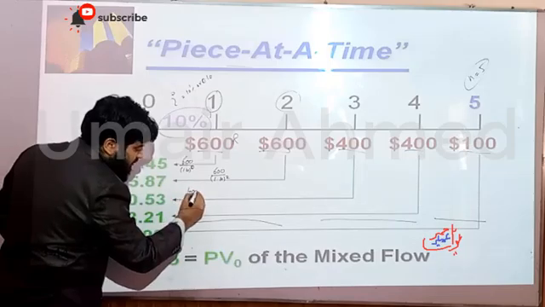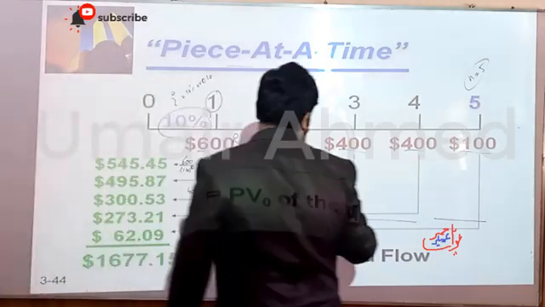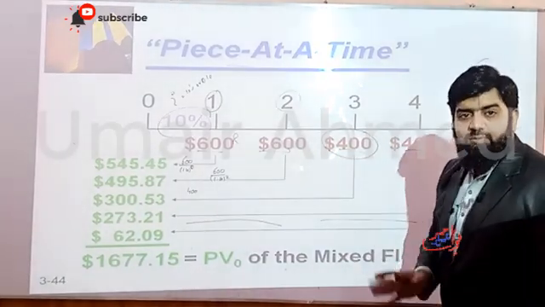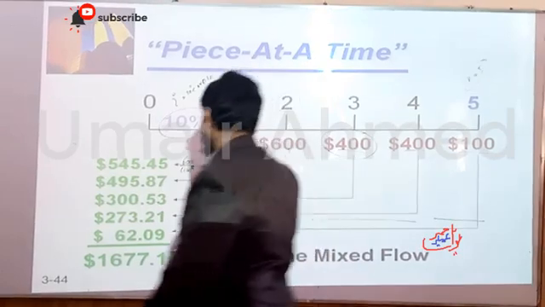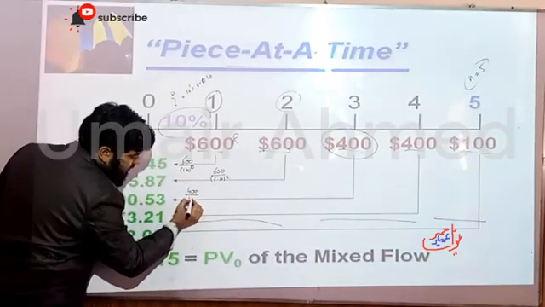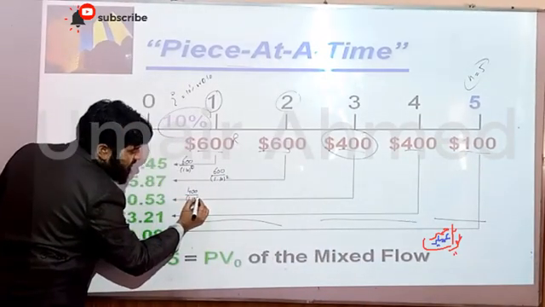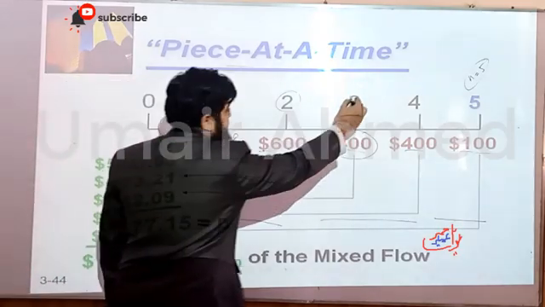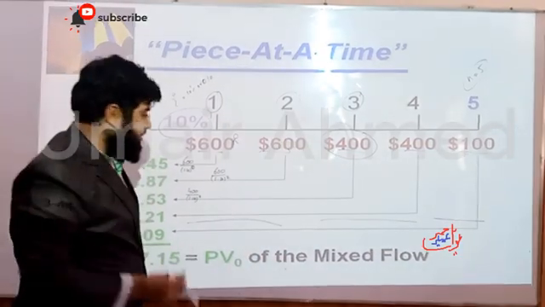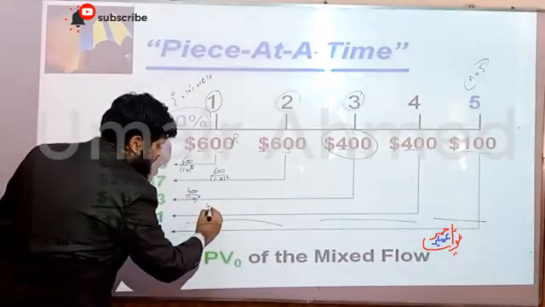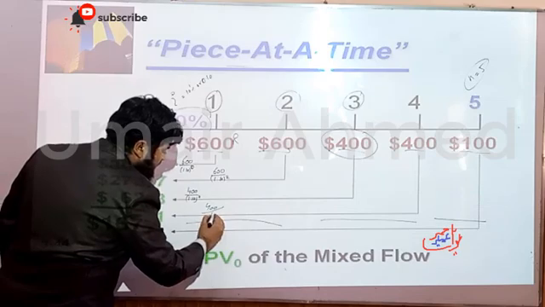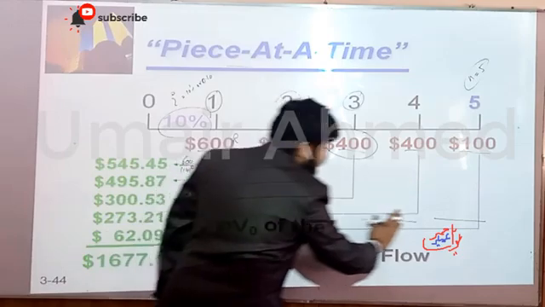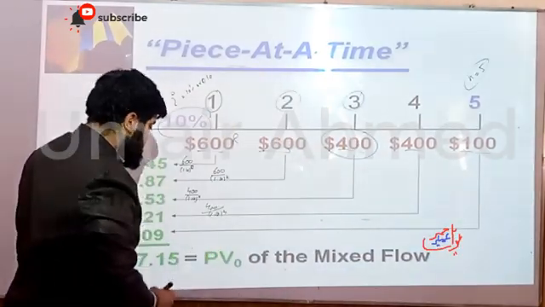And for the third year, the cash flow will change. It will be 400, because the value at the end of the third period that we will receive or pay is 400. So the power will be 3, as it's the cash flow of the third year. Now for the fourth year, how will we calculate it? 400 divided by 1.10 to the power 4, and at the end we have 100.